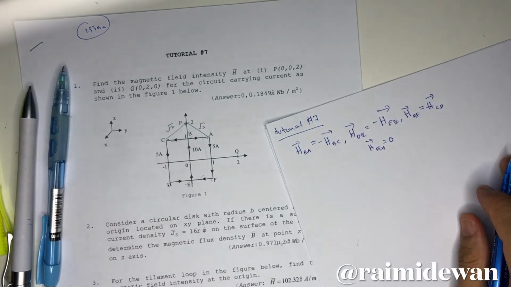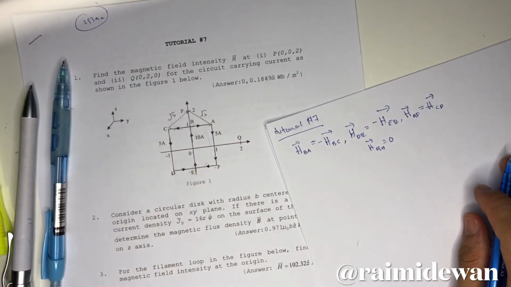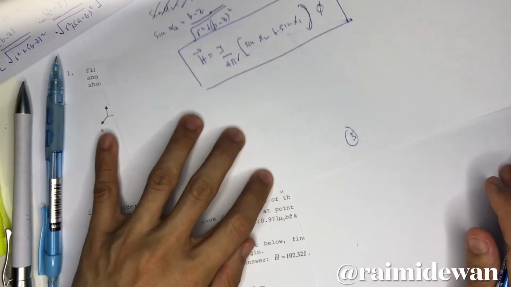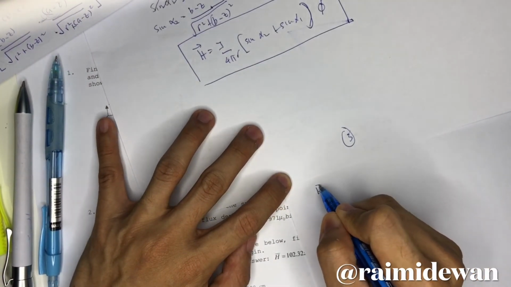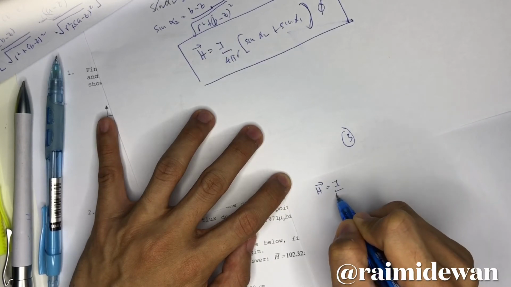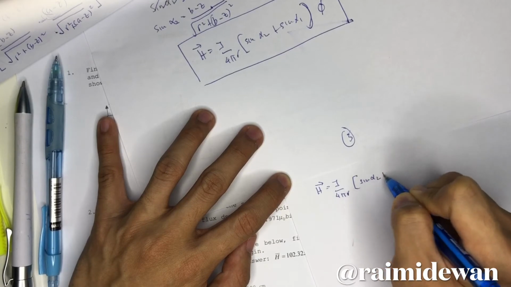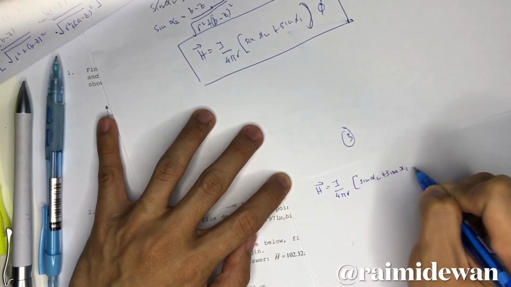Now we want to solve this question using the simplified equation that we have obtained, which is H equals I over 4 pi r, times sine alpha 2 plus sine alpha 1.